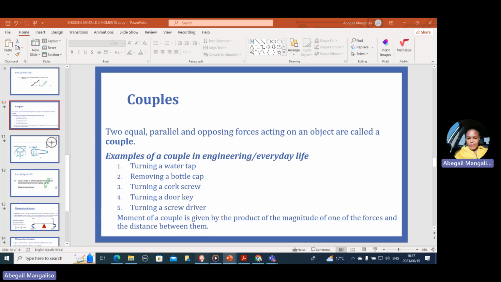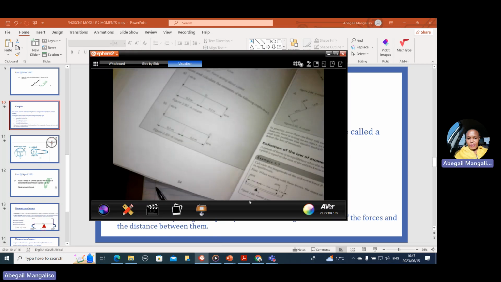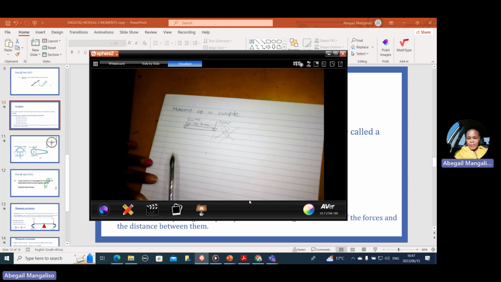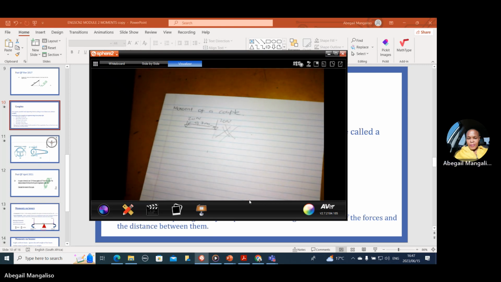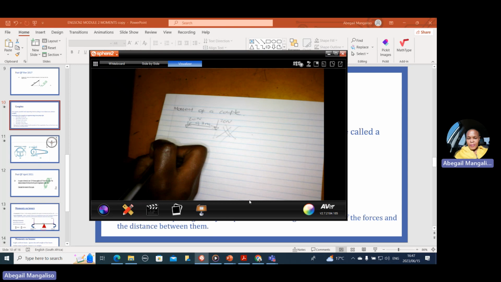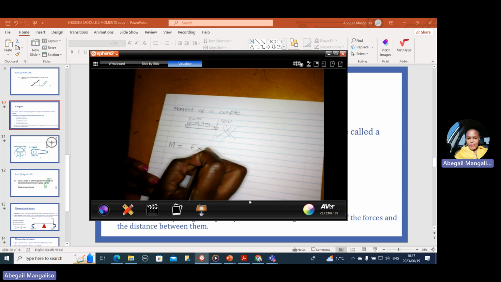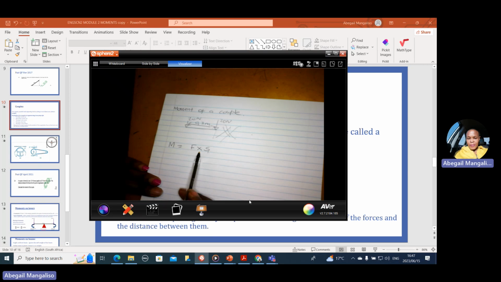Simply put, when calculating the moment of a couple, M for moment equals F multiplied by distance. It's the product of the magnitude of one of the forces multiplied by the distance between them. This is how you calculate it.